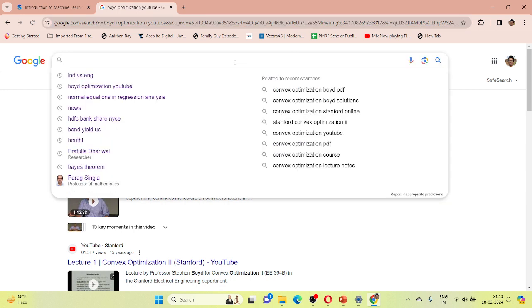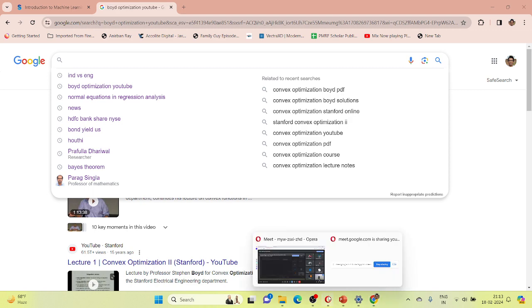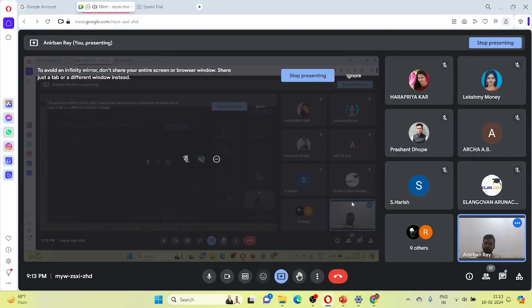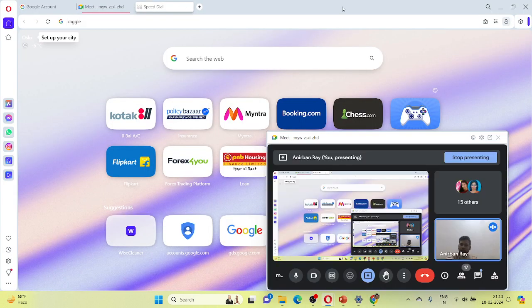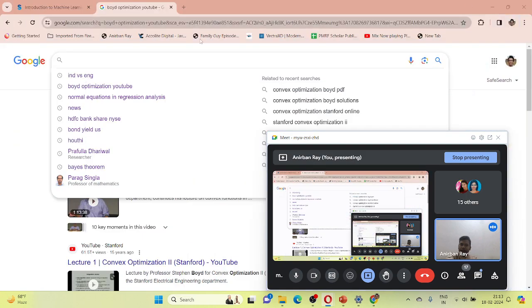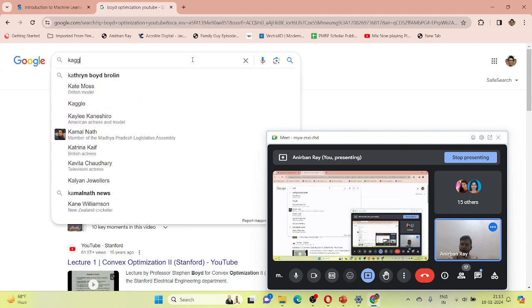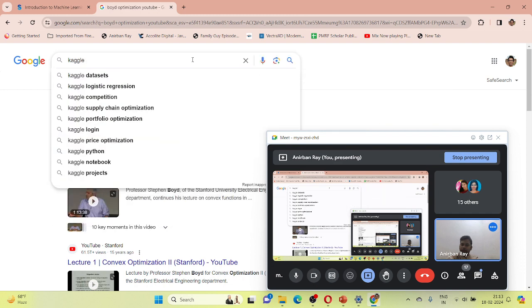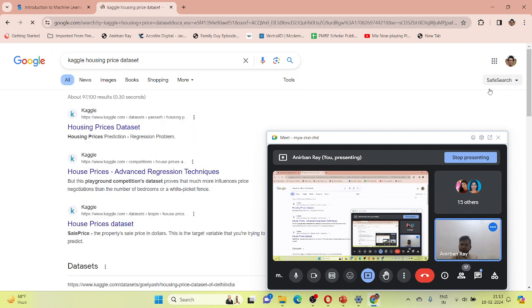The thing is, you have to implement gradient descent as well. You have to take a data set and run a regression problem.